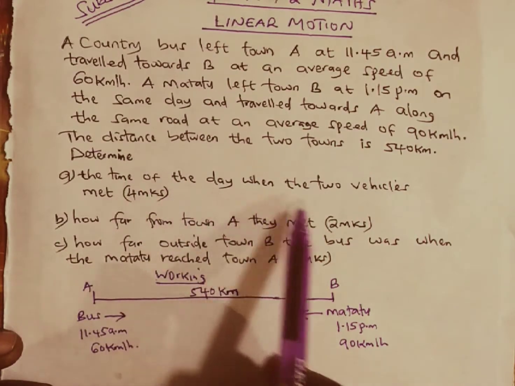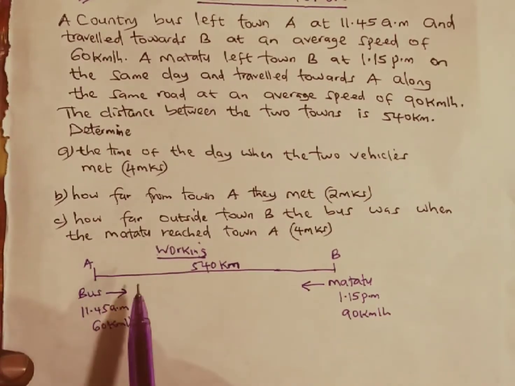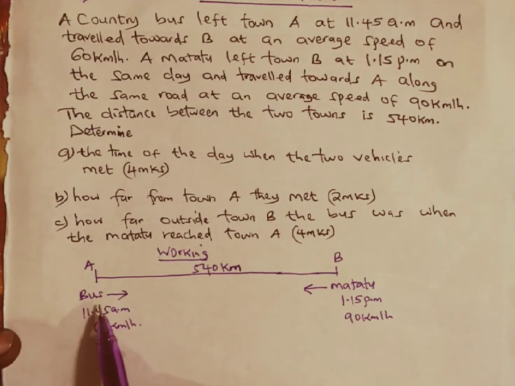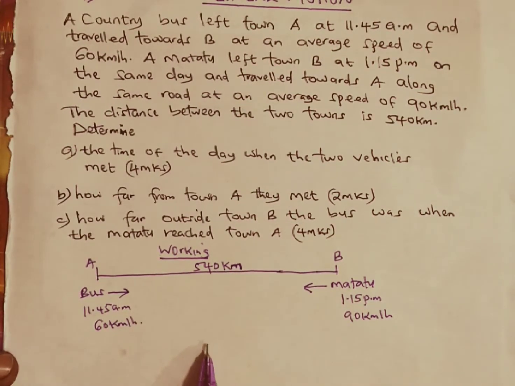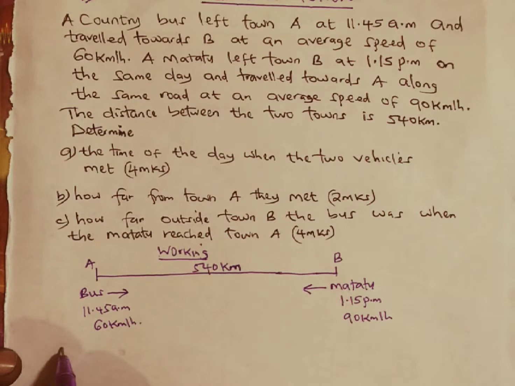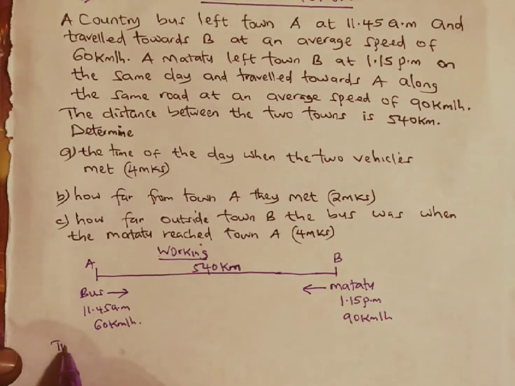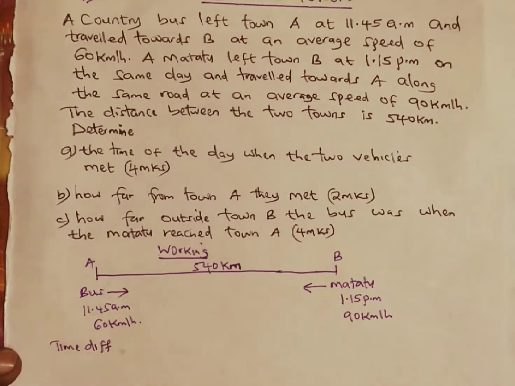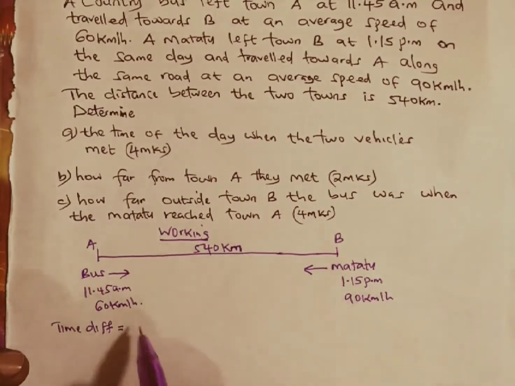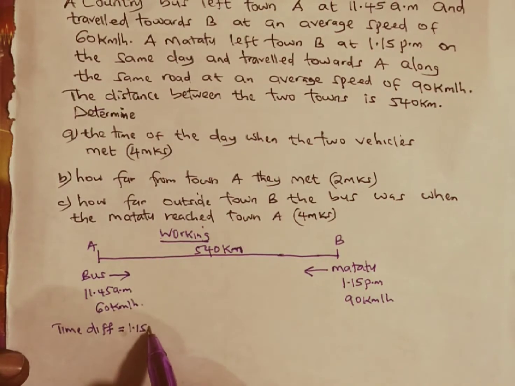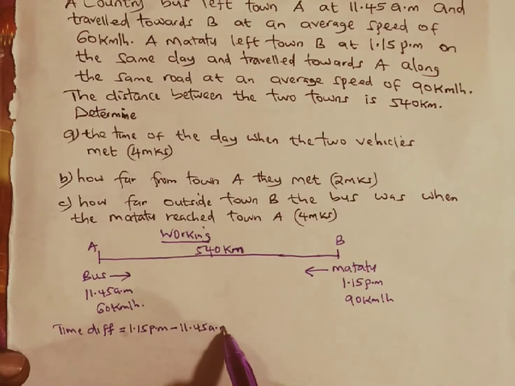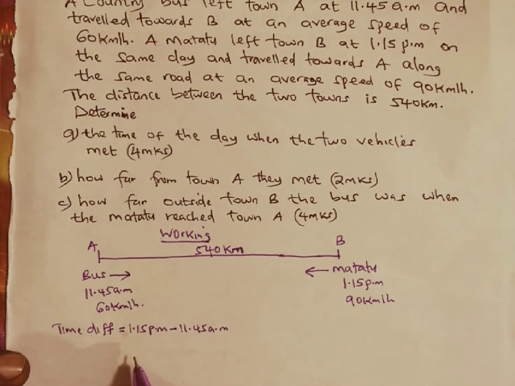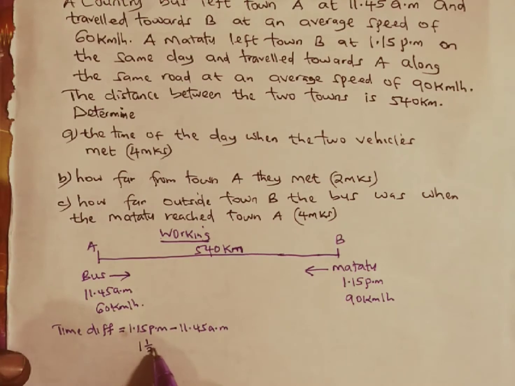Determine the time of the day when the two vehicles met. So the first thing we need to calculate is the distance covered by the bus between 11:45 and 1:15 before the matatu started from town B. So if you look at the time difference, the time difference is going to be equal to 1:15 p.m. less 11:45 am, and the time difference between 11:45 and 1:15 is actually 1.5 hours.